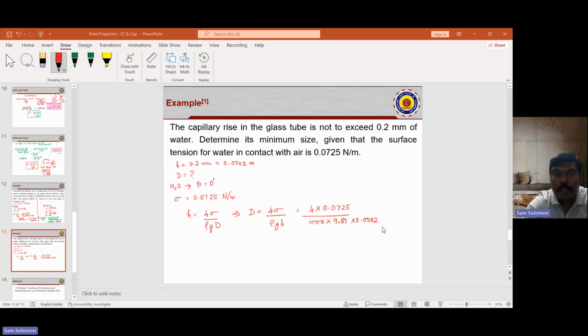Let's use the calculator and see what we get. 0.0725 divided by 1000 multiplied by 9.81, and finally we get 0.148 meters, which is approximately 148 mm. So that is what we get as a result. That is the diameter of the pipe that is used.